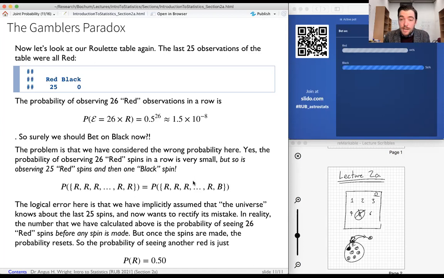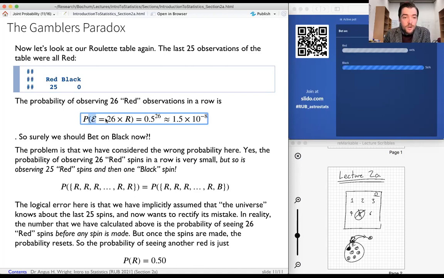The probability of me seeing 26 red rolls in a row is the event space of 26 reds, which is 0.5 to the power of 26, which is a tiny, tiny, tiny number. The probability of me seeing 26 reds in a row is minuscule. And therefore, it makes sense that I should vote on black. I should bet for black.